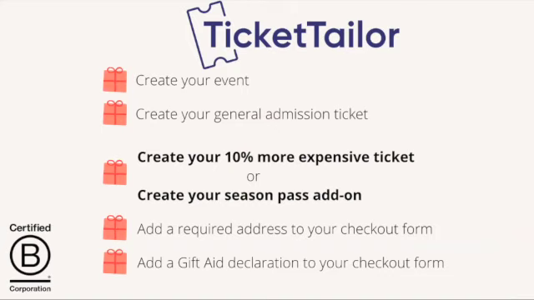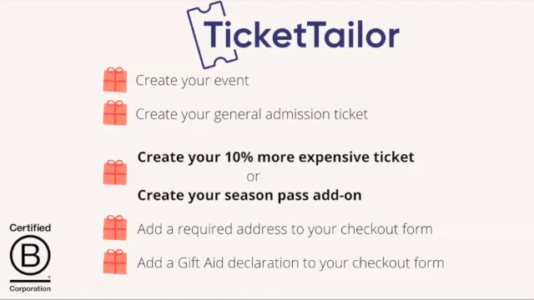Then you'll create either a ticket that's 10% more expensive or an upgrade to a season pass. I like to do this via an add-on, which I'll show you in a minute. And then you'll add some required questions to your checkout form, asking for the address and for a gift aid declaration submission. So it's hopefully quite an easy setup, which we'll walk you through right now.